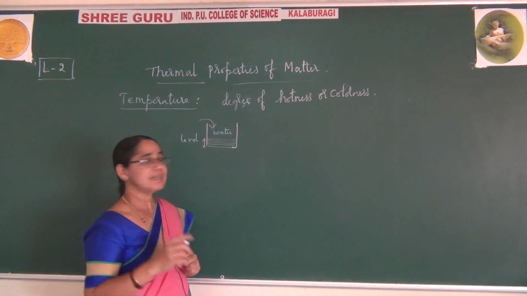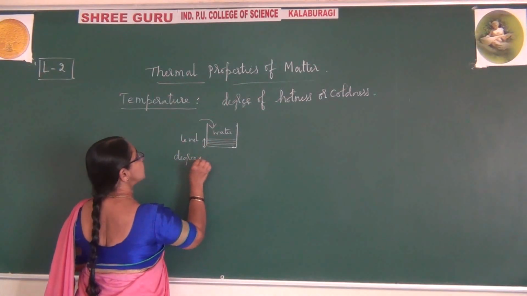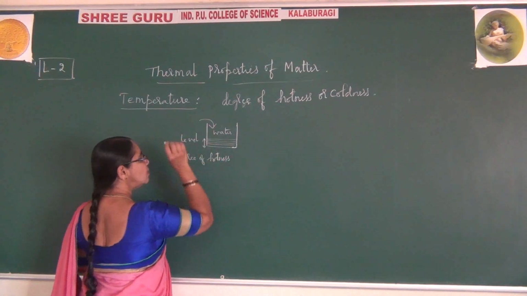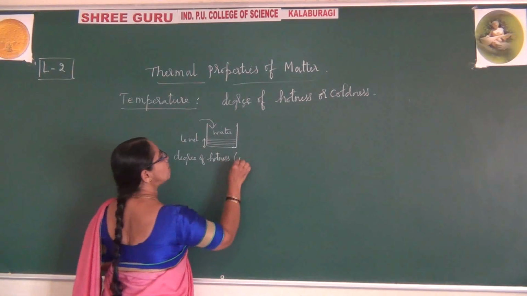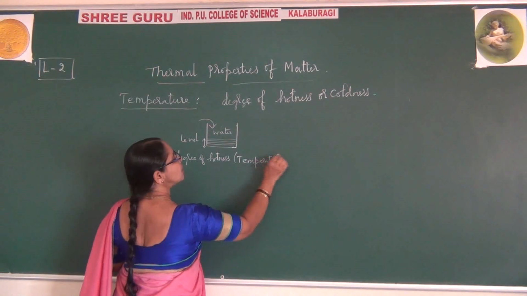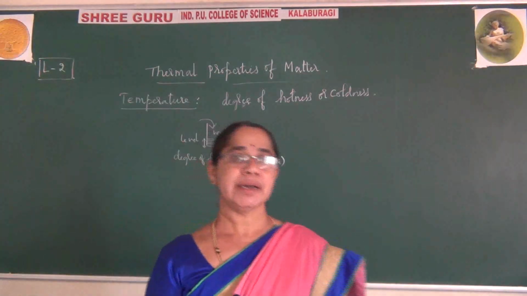What does it explain? This explains the degree of hotness. When I say degree of hotness, it is nothing but temperature. Please observe, I have taken a container and filled water in it.